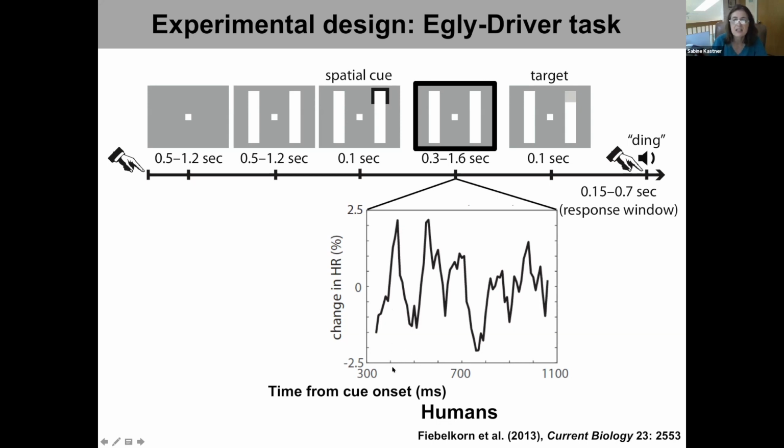So for instance, at this time window, at 420 milliseconds or so of the cue target interval, you see that our participants are about 5% or 6% better than about 120 milliseconds later. So they go through these peak and trough performances, and this alternates and goes back and forth. So there's a behavioral rhythm here that goes at about 4 hertz, sometimes up to 6 hertz. That changes a little bit from participant to participant, but this is the average.